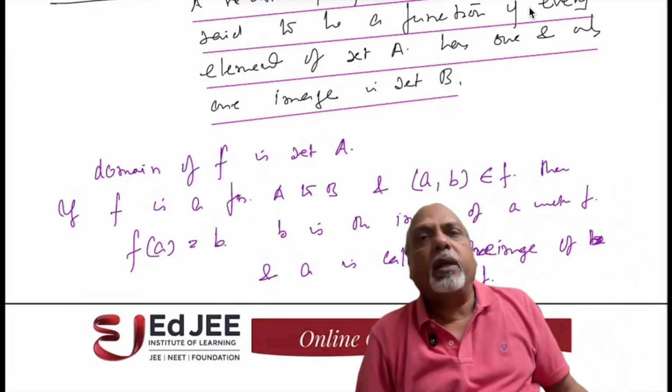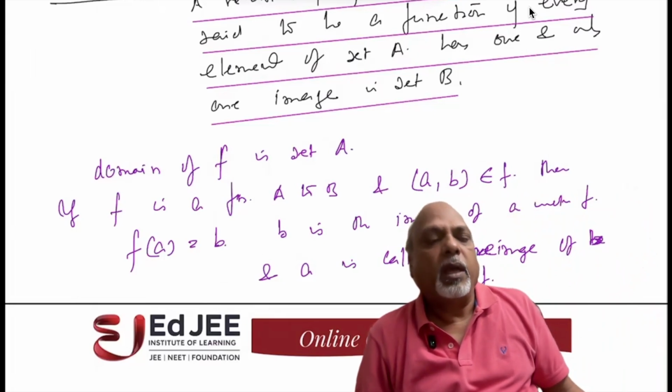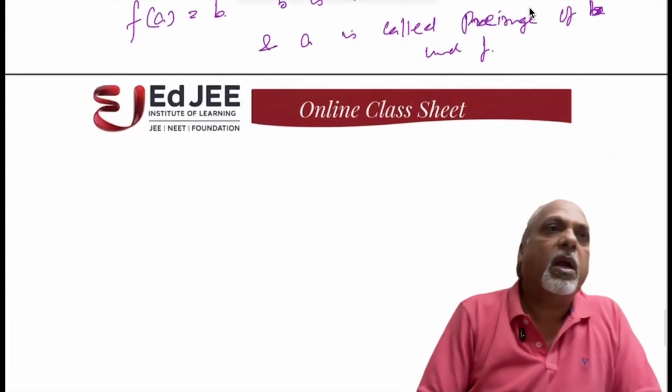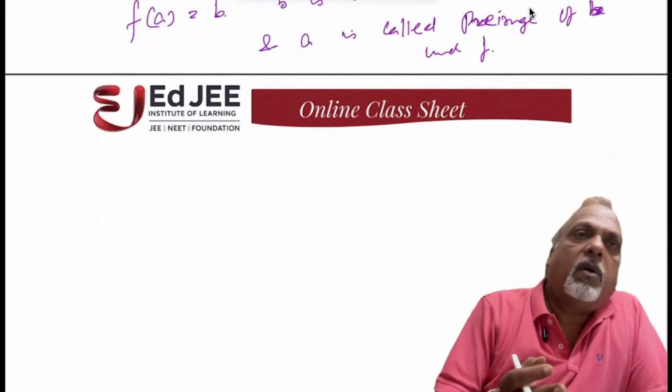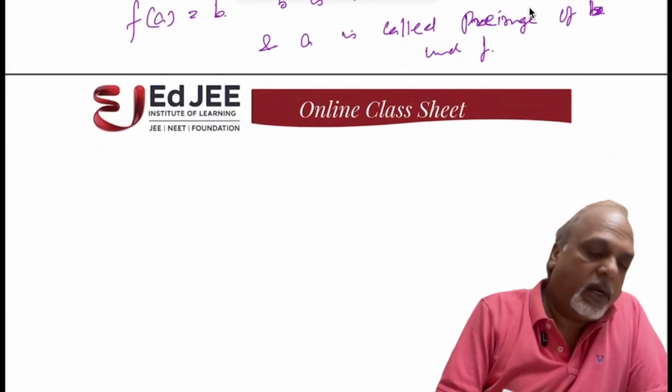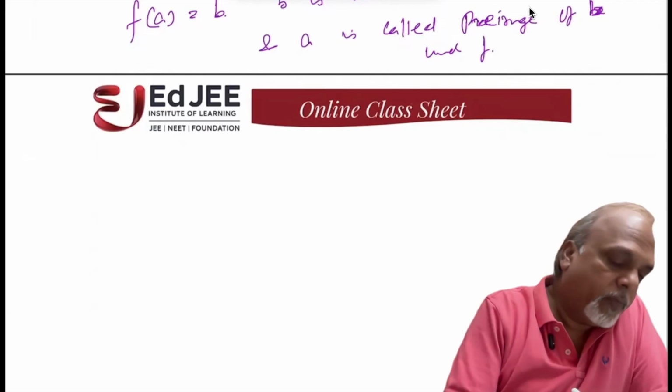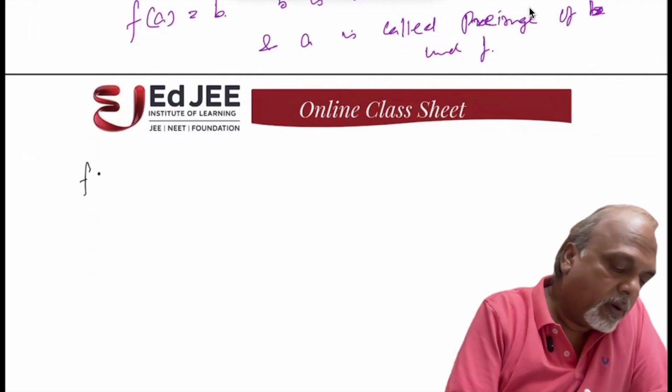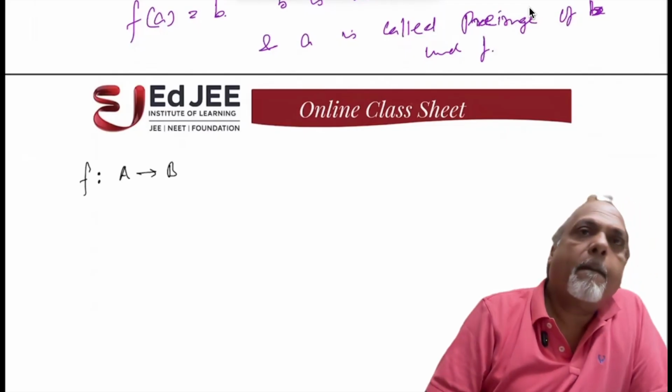So this is basically function. This function from set A to B is denoted like this: f: A to B. Correct.